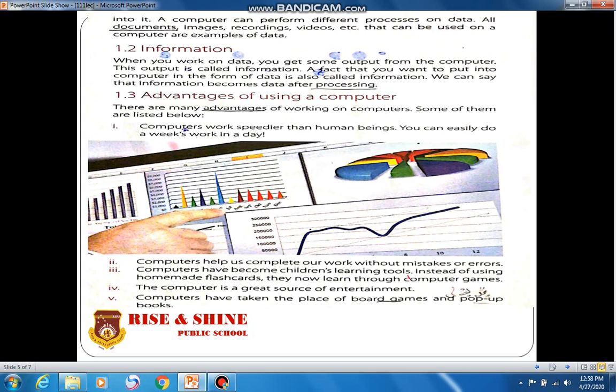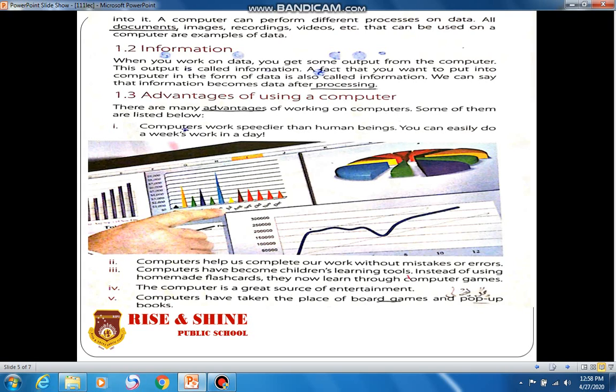The computer is a great source of entertainment. Computer provides us every kind of entertainment. Using computer, we can watch dramas, movies, cartoons, or any other kind of entertainment. So, if we want any kind of entertainment, we can use our computer. Number five, using computer we can play games.